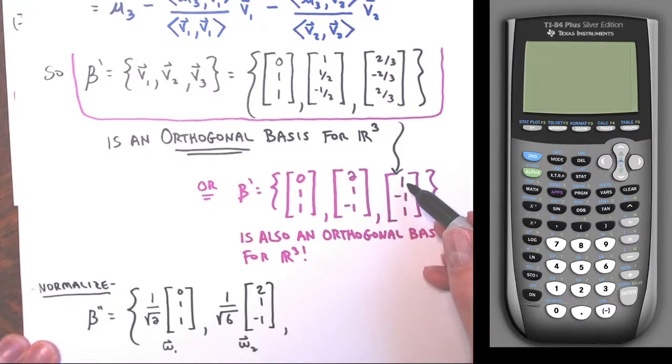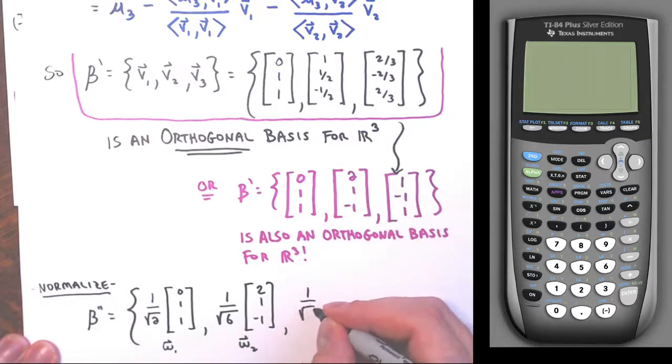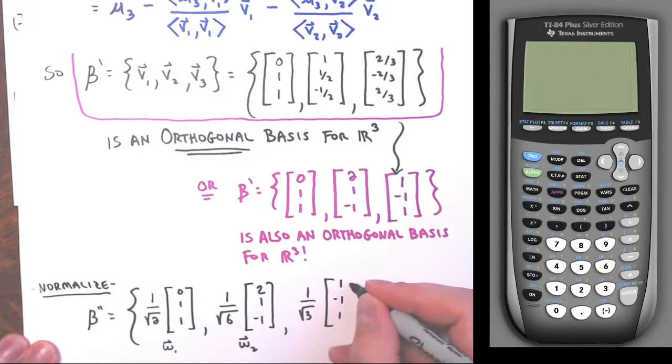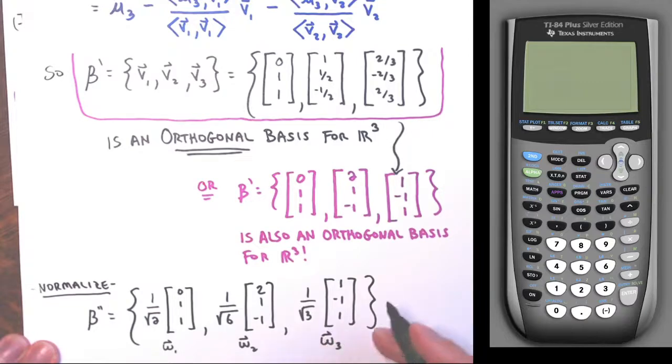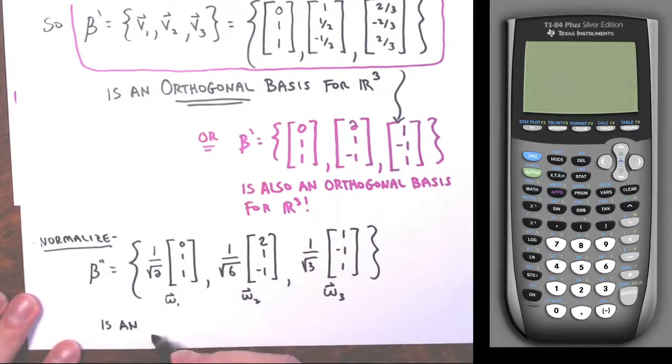The dot product of it with itself would be 1 plus 1 plus 1, or 3. So 1 divided by the square root of 3 times the vector 1, negative 1, 1. And I'll call this W3. And this is an orthonormal basis for R3.